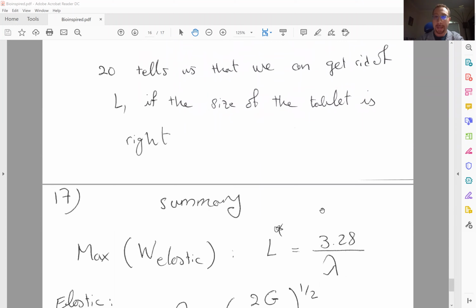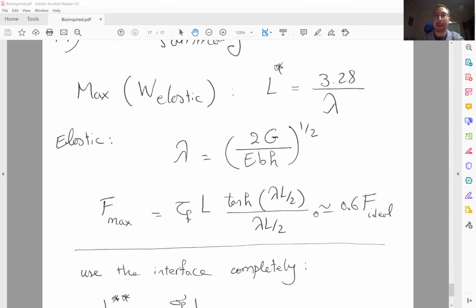And so now the summary is that we have two critical lengths, the critical length of the tablet. One is this L star, basically the length at which the elastic energy density, the maximum elastic energy density that can be stored in the material, will be maximized for given material properties.